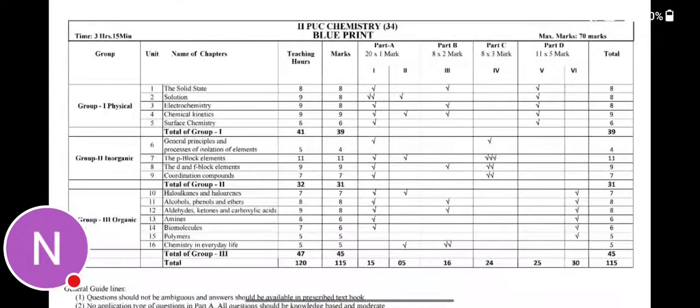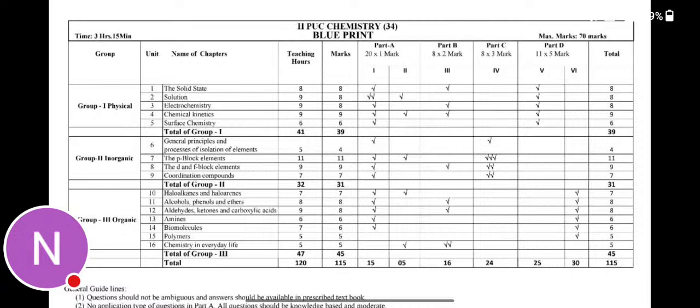In this, for a passing student, if you study some of the easy chapters like polymers, amines, and solids also, 5 marks 1 question, easy it is, you can easily get those marks.